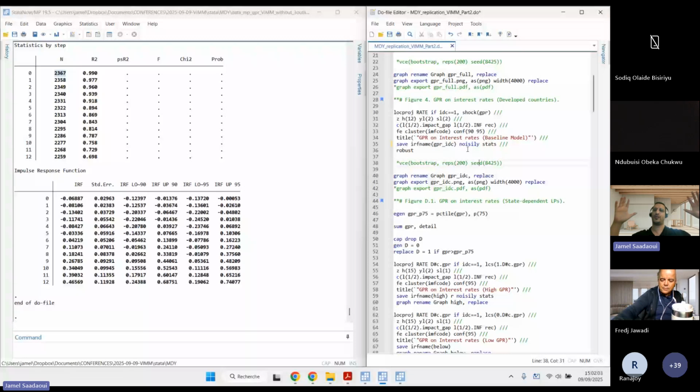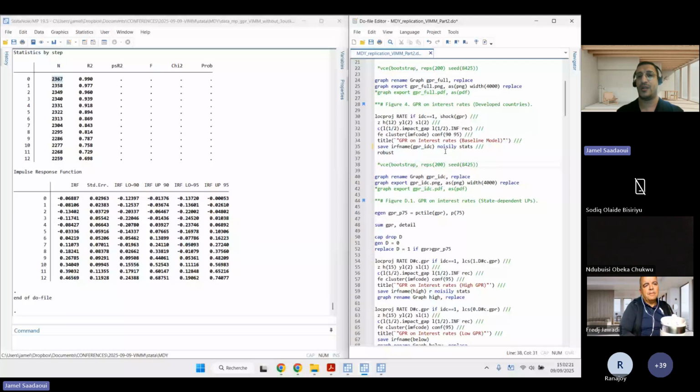Of course, it would have been better to have shadow rates, but you have shadow rates for a limited number of countries, not all of them. But I agree with you. I think it would be very interesting to add the shadow rates to fully capture unconventional monetary policy, which makes a lot of sense.